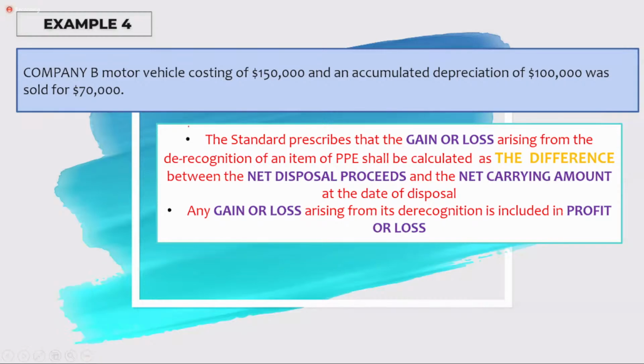Help me to calculate gain or loss on disposal for example 4. So we identify here number 1, 150,000 is the cost of the asset.